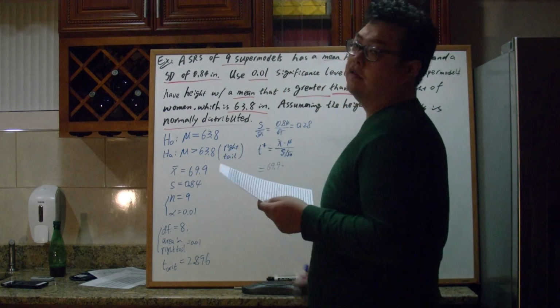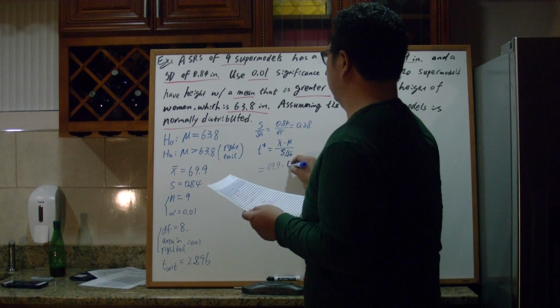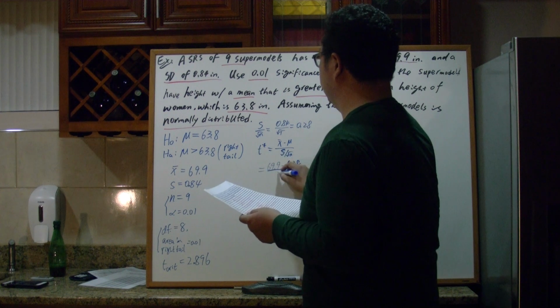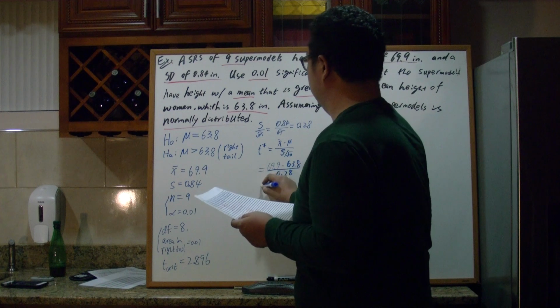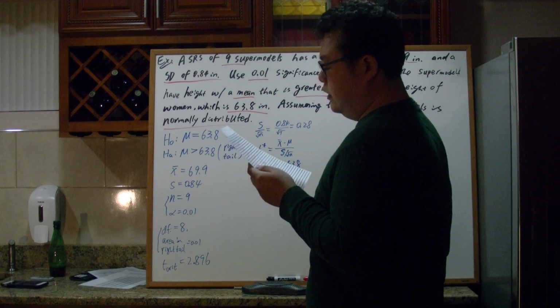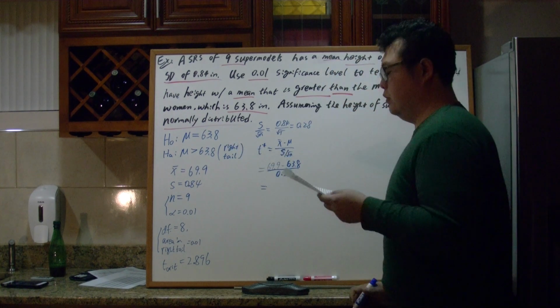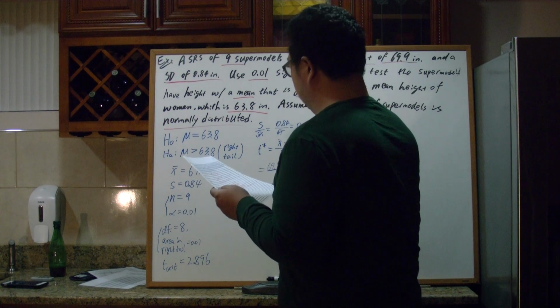The sample mean given was 69.9 inches. The population mean was 63.8 inches. Divided by the standard deviation of the sample mean, 0.28. We find out it's super large. That is 6.1 divided by 0.28, which will be 21.786.